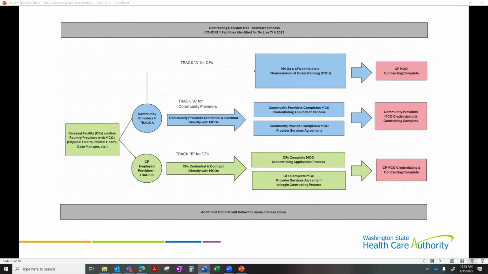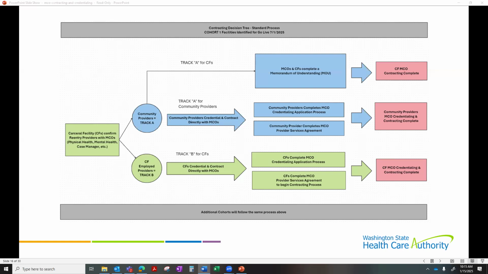Starting with track A, which is the one highlighted in blue, we have carceral facilities who will be utilizing community providers. These providers will be providers such as mental health providers, SUD providers, and federally qualified health centers who are providing services to eligible individuals. For this track, the carceral facility will work with the MCO to complete a Memorandum of Understanding, or MOU.